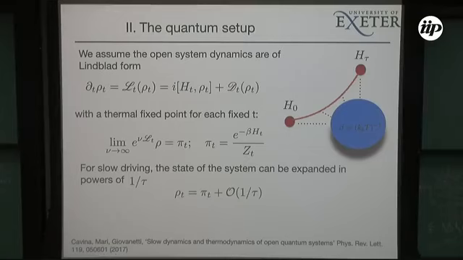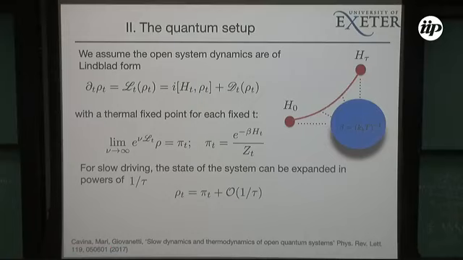Similar to the way Seifert and Speck set up their classical problem, we assume that the reduced dynamics of the system is given by some Lindblad equation. And we also assume that if you fix the Hamiltonian at any given time, the stationary state of this equation will be the instantaneous thermal state. There's this really nice paper by Cavina, Mari, and Giovannetti where they show that you can always expand the solution to this equation in powers of the duration.